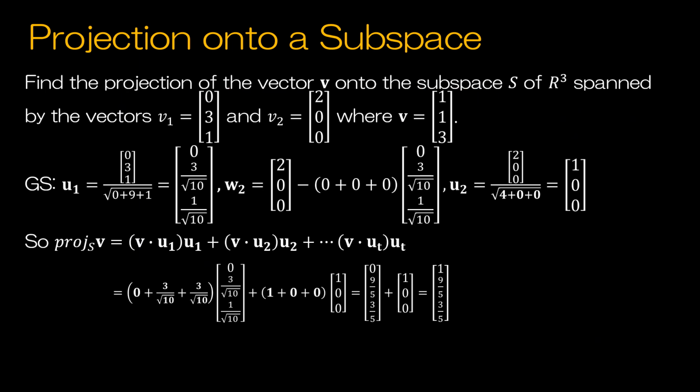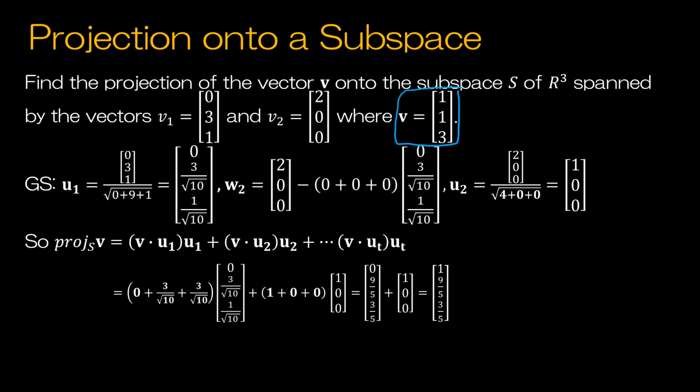Let's take a look at the math now involved in this. For now, you just have to stick with me because right now it just seems like, why are we projecting onto a subspace instead of a line? Eventually this is going to make sense because we are going to be using this process when we're dealing with least squares analysis. So thinking about projection onto a subspace, we have the vectors v1, v2, and we're projecting v onto the subspace of R3 spanned by those vectors v1 and v2.